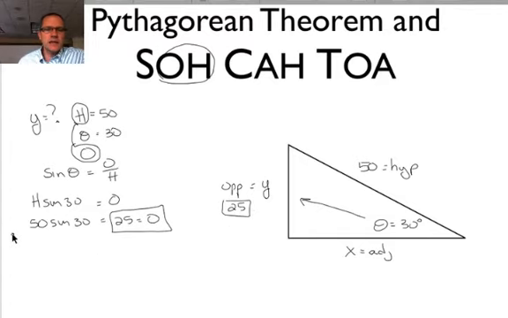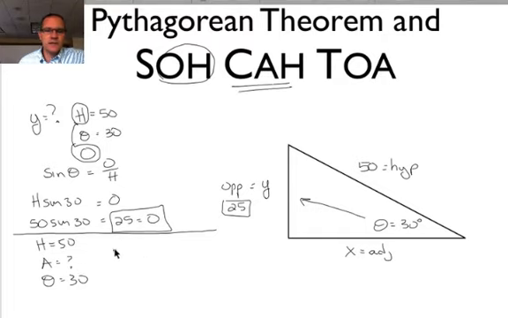Let's do the same thing now for the adjacent. I'm going to use what I know, so adjacent and hypotenuse. H again is 50. My adjacent is what I'm looking for, and my angle again is 30. So adjacent and hypotenuse this time puts me in the cosine function.